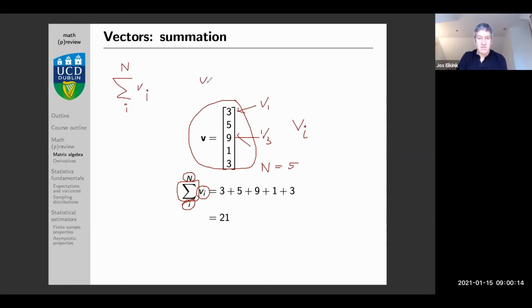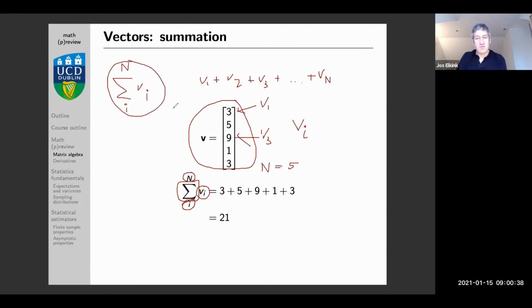So if I say the sum, i equals 1 to n, of Vi, I'm really saying it is exactly the same thing as saying V1 plus V2 plus V3 plus, and all the way up to, plus Vn. Yeah, that is exactly what this means literally.